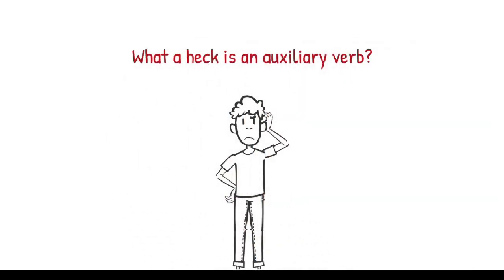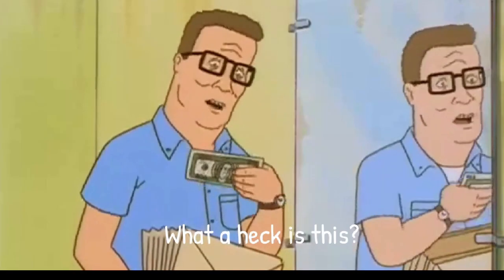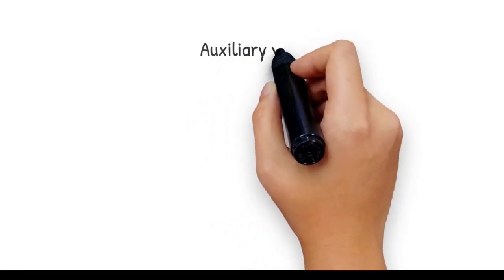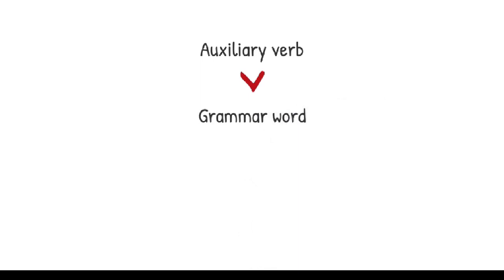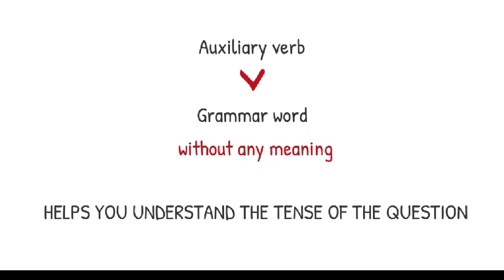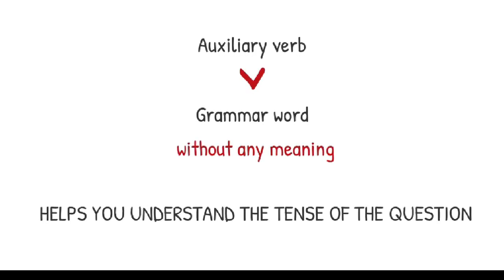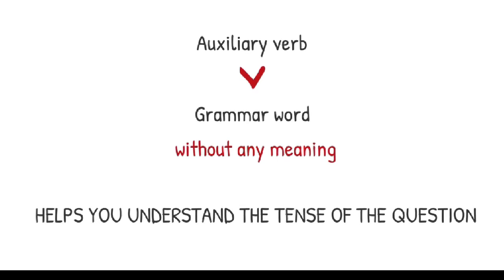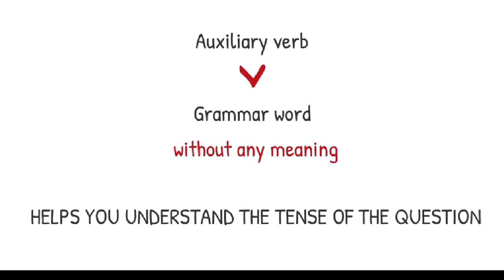And now you probably have a question. What the heck is an auxiliary verb? Think of it as a grammar word, something that doesn't have any actual meaning. It is used to help you understand which tense the question is in. Each tense in English has its own auxiliary verbs, sort of indicators of the tense.